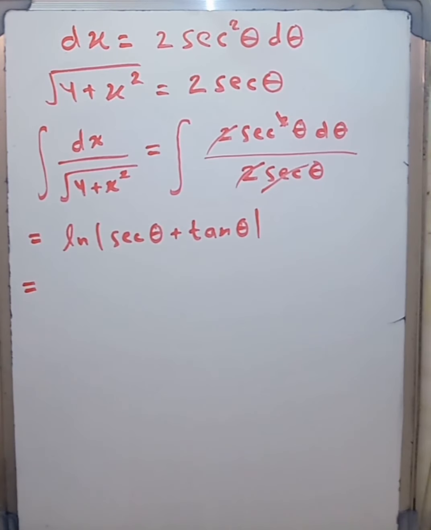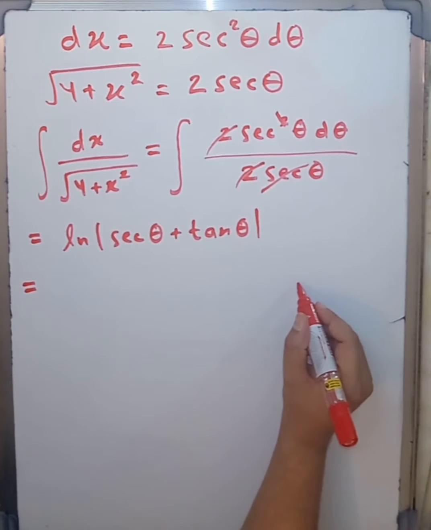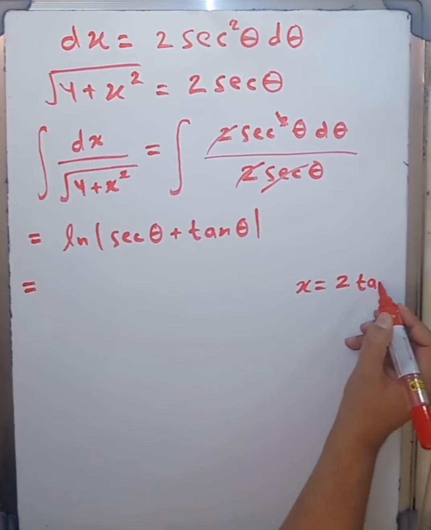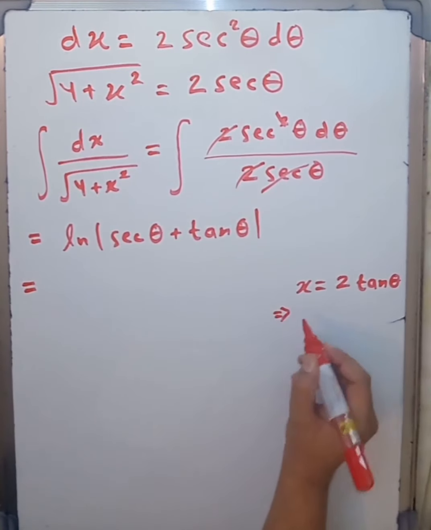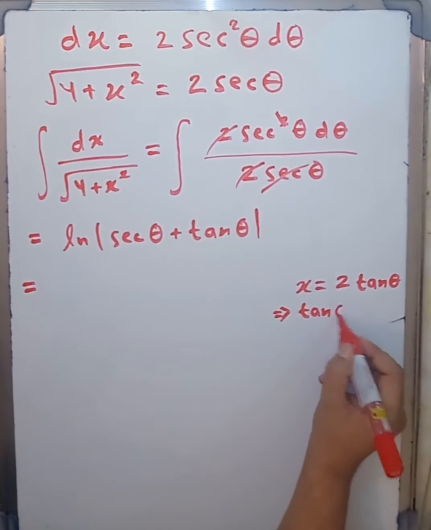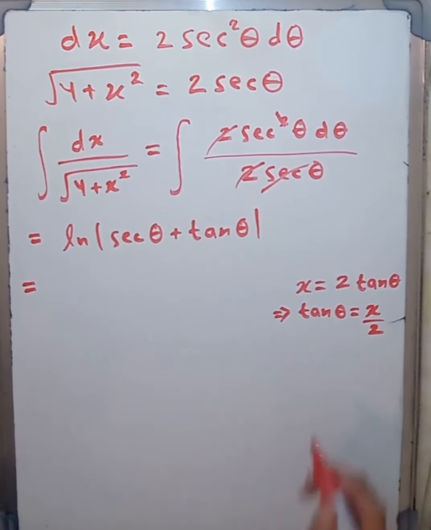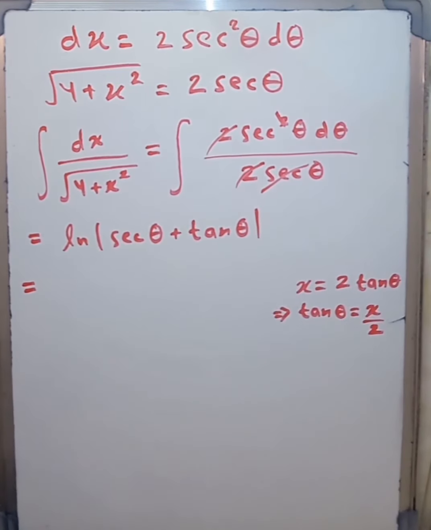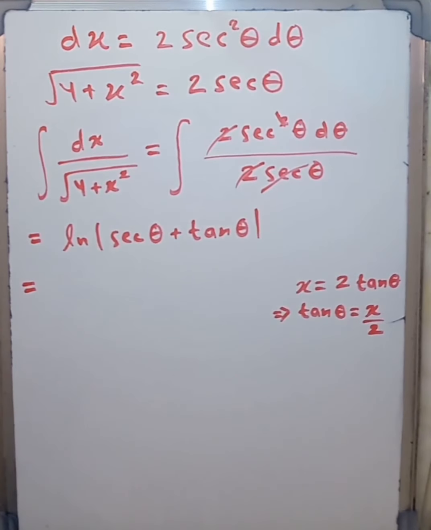And this will be equal to, we have substituted x as 2 tan theta, and this gives us that tan theta will be equal to x divided by 2. This value of tan theta we can put here. Still, we need to calculate the value of secant theta in terms of x.